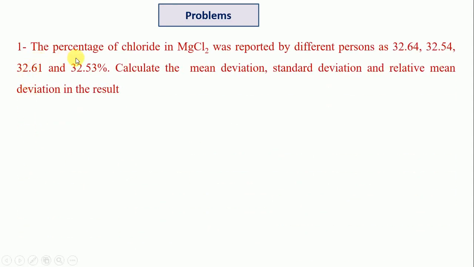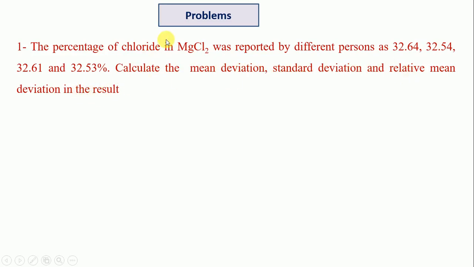The percentage of chloride in MgCl2 was reported by different persons as 32.64, 32.54, 32.61 and 32.53%. Calculate the mean deviation, standard deviation and relative mean deviation in the result.